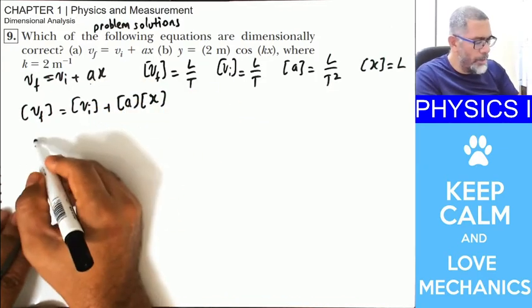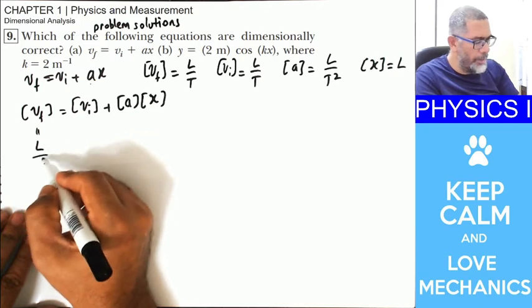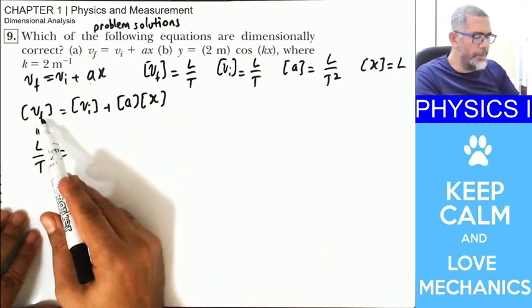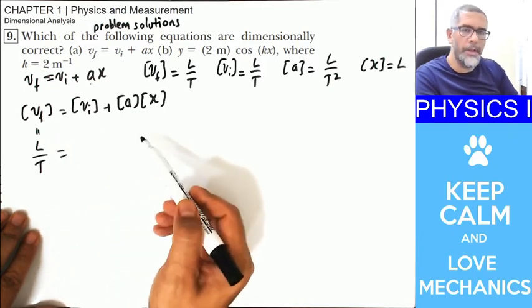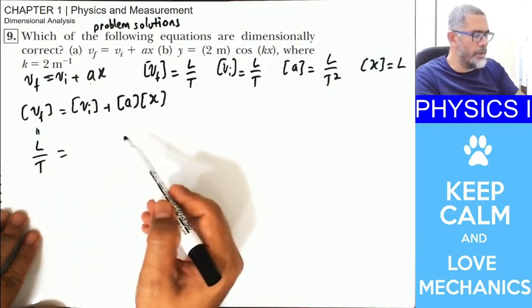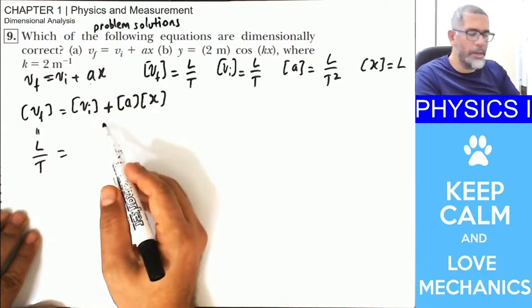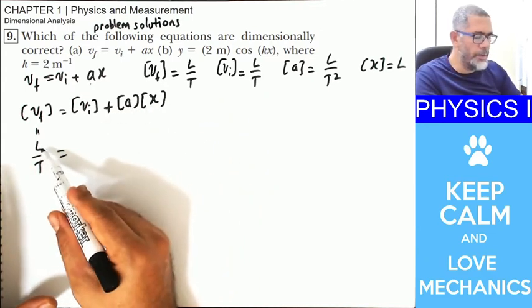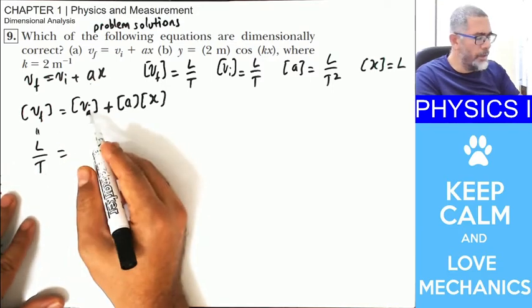This is equal to L divided by T, which specifies that every term in the right hand side of the equation must have the dimension of L divided by time. Okay, and this is L divided by T.